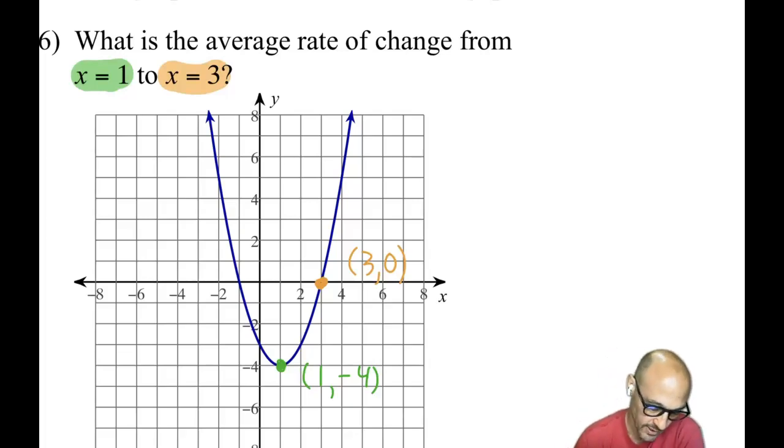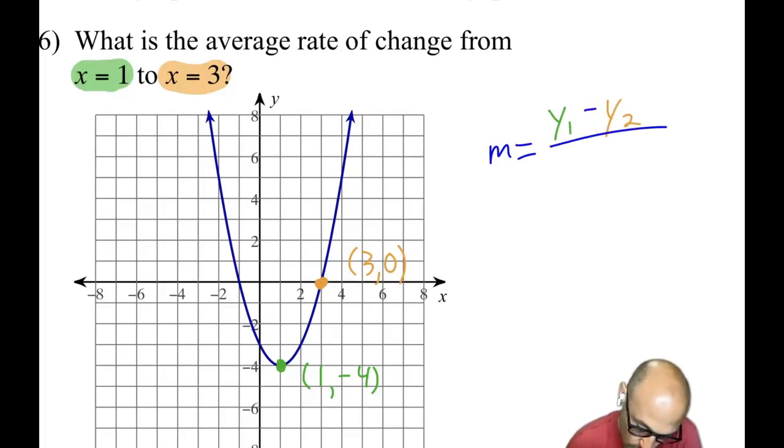The other thing I can do is I can just use the slope formula, which is slope is equal to y1 minus y2 over x1 minus x2.